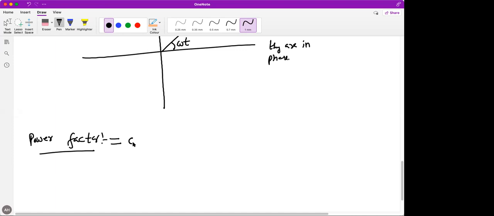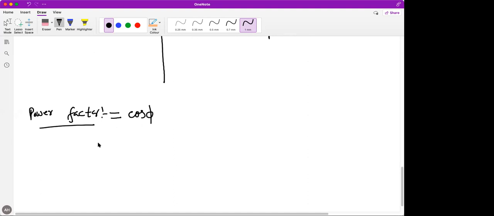Cos phi. Yes. Sania, how much is phi for this particular circuit? Phase difference.